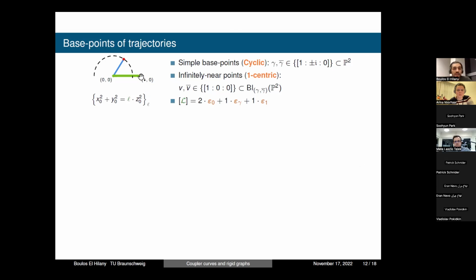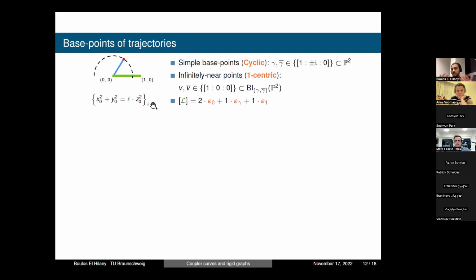So let's take some examples for those base points. Let's take, for example, this calligraph. We have fixed an edge, and we have our zero, the marked point that is linked to the origin. So this defines a circle. Its equation after I projectivize looks something like this, where L is the length of this edge.